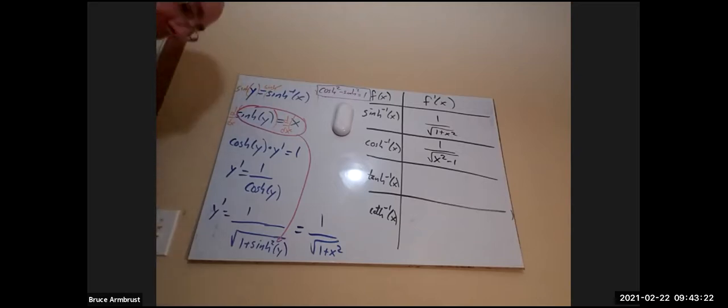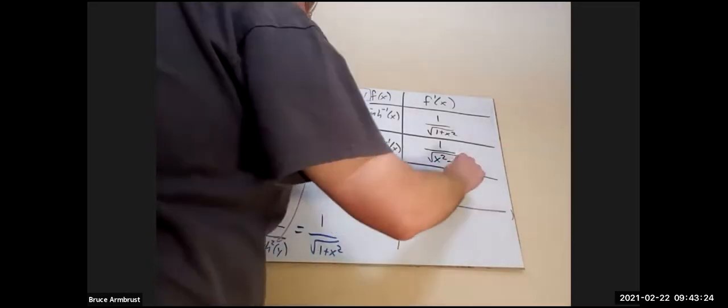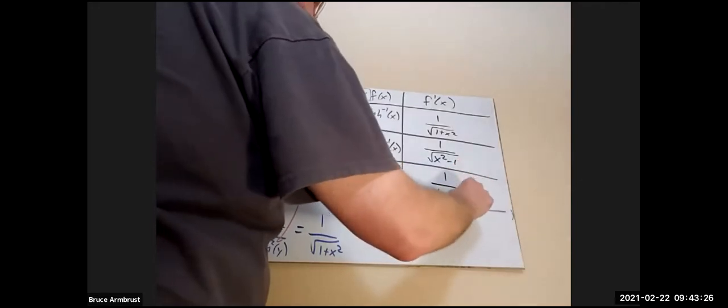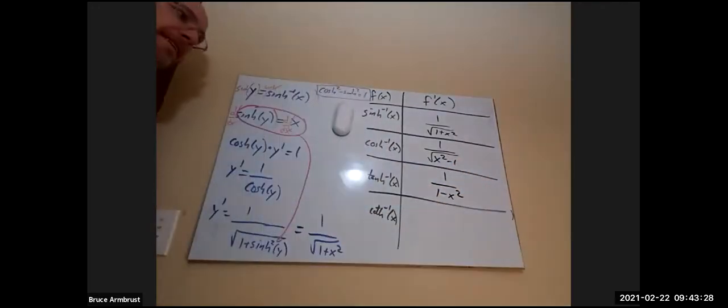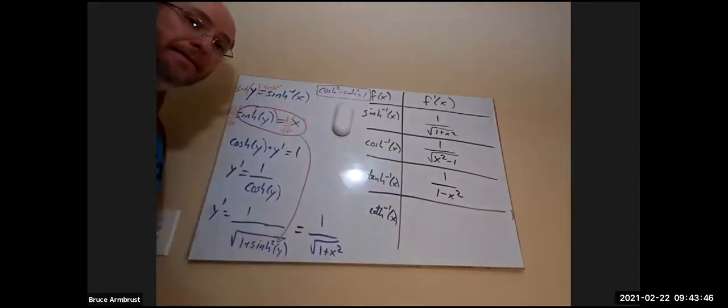All right, tanh. This one's beautiful. It's 1 over 1 minus x squared, which is very similar to inverse tangent. You remember what inverse tangent's derivative looked like? Or how it was related to this?